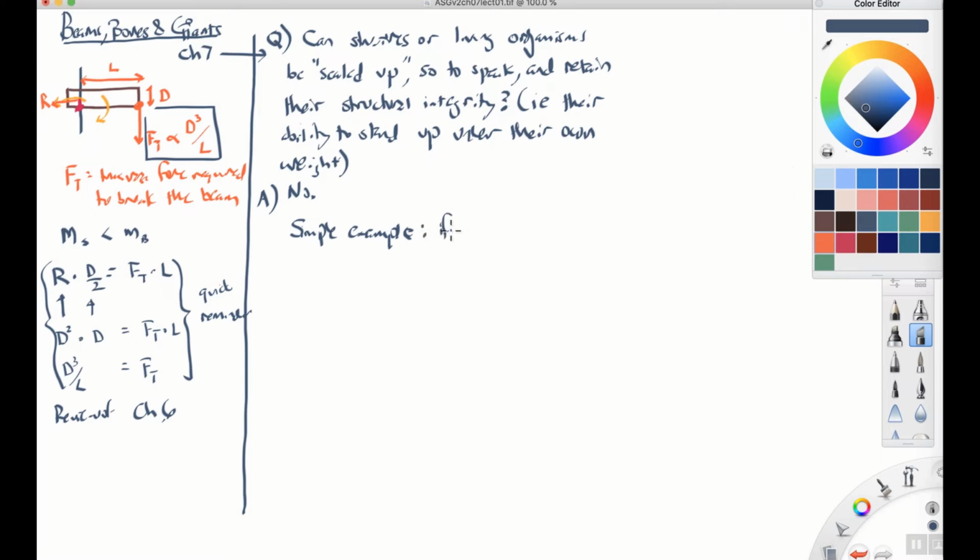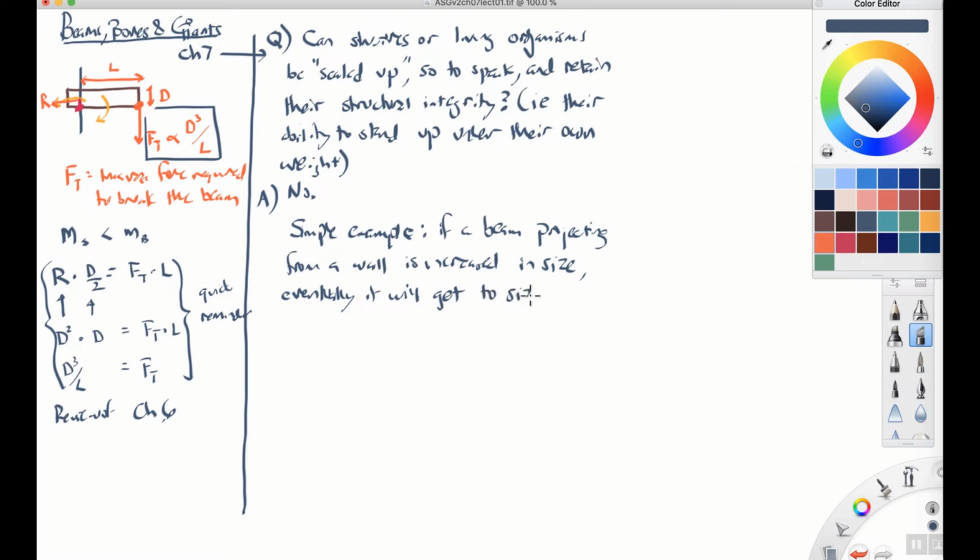If a beam projecting from a wall is increased in size, eventually it gets to a size at which it will collapse under its own weight.